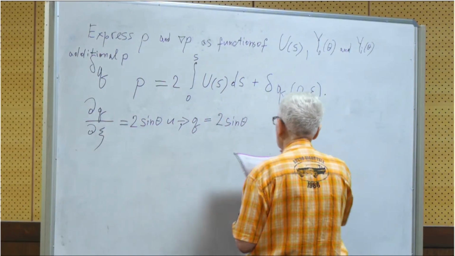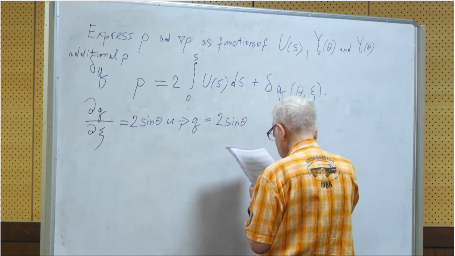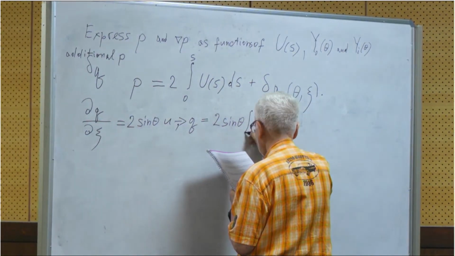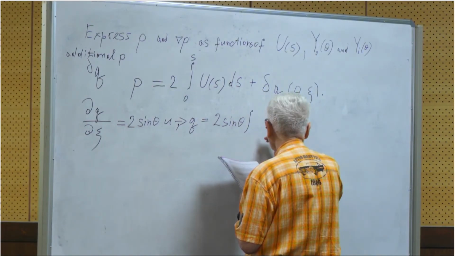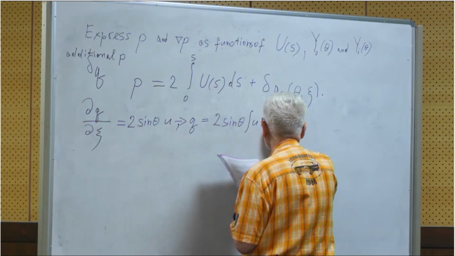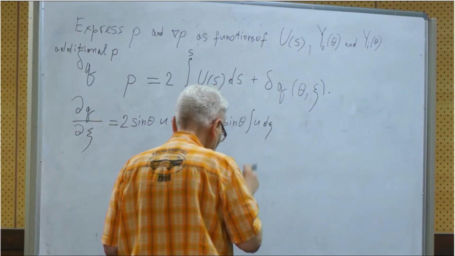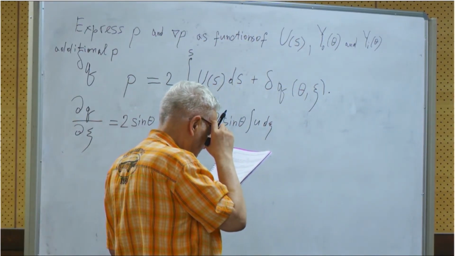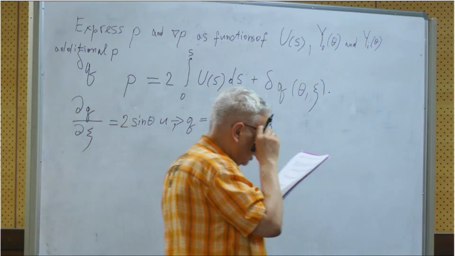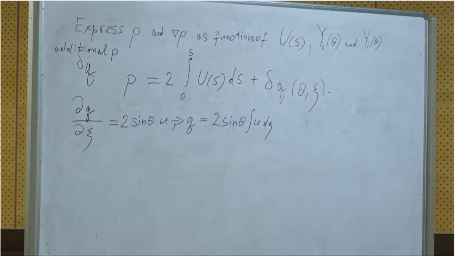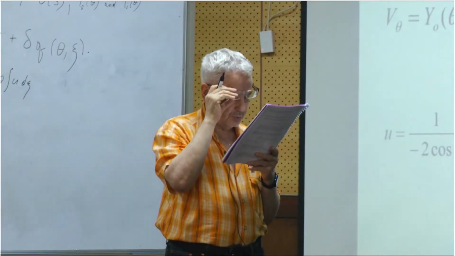So 2 sine theta u, integral u dxi. This integral is of course in xi. The last integral is expressed with outer index O at the top and inner index I at the bottom layer.